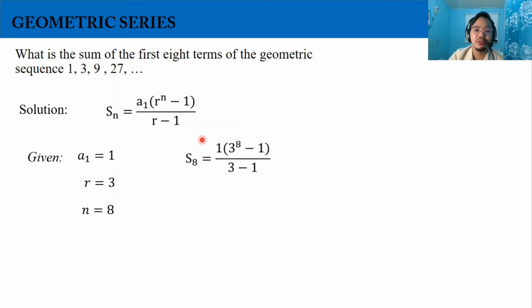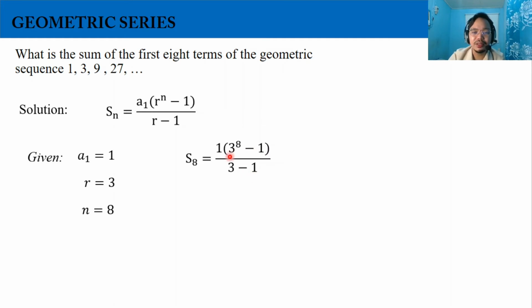That is our unknown. So S sub 8 is equal to 1, because a sub 1, the first term, is equal to 1, times the common ratio, which is 3, raised to n. N is 8. So we have 3 raised to 8 minus 1 all over 3 minus 1.